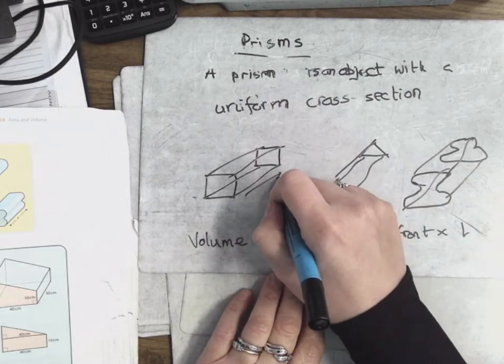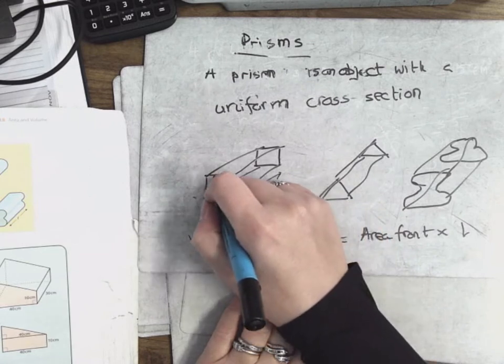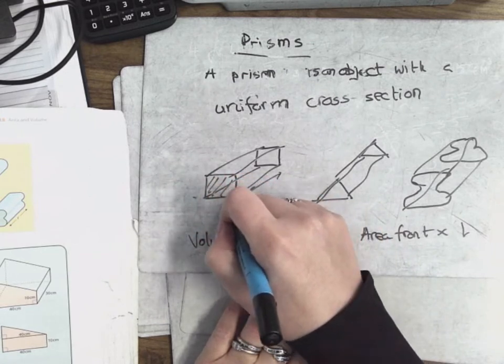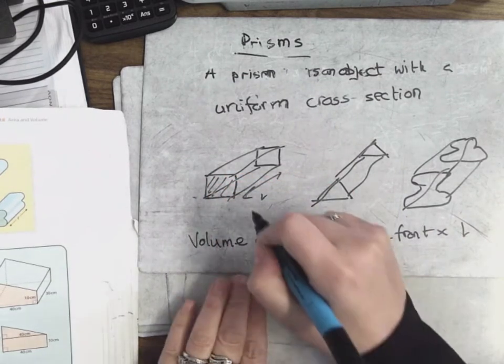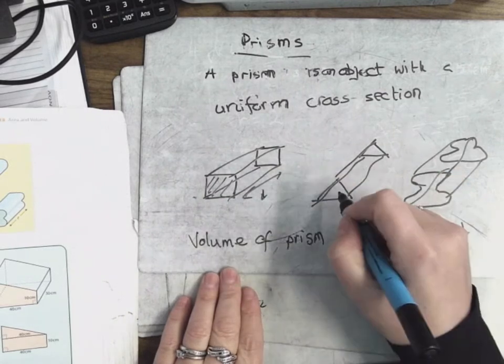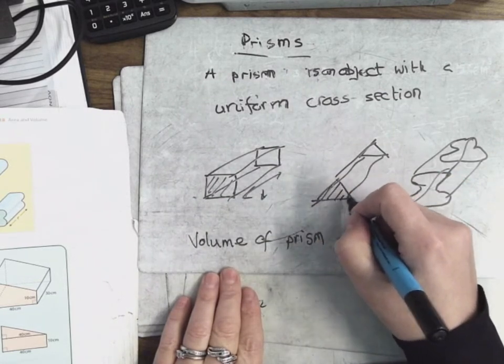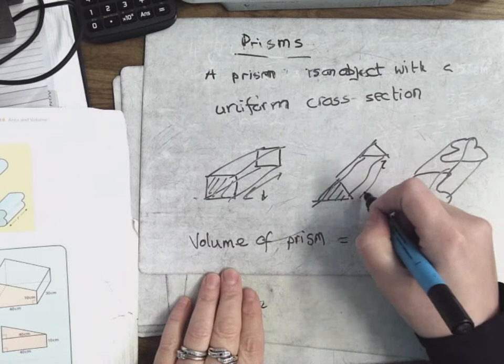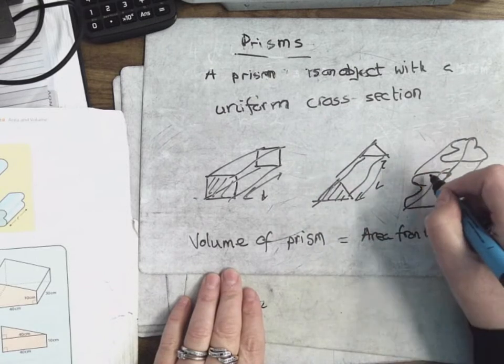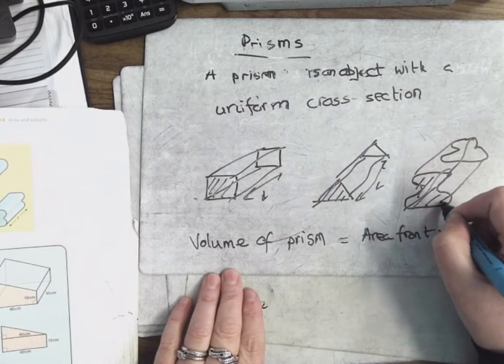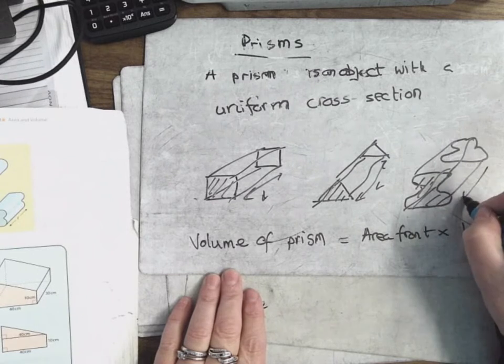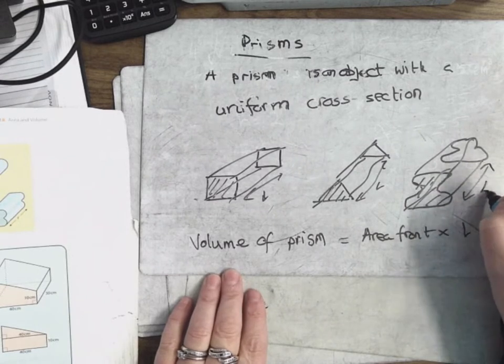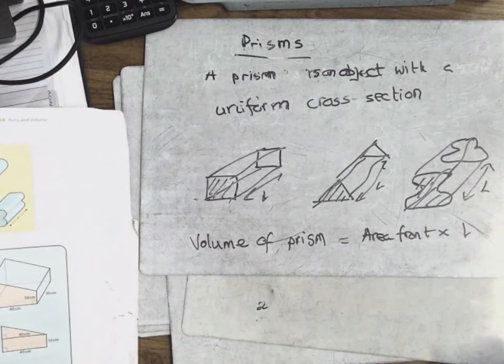So I'd get the area of this square at the front and multiply it by the length, that's an L. I'd get the area of the triangle at the front and multiply it by the length. I'd get the area of this weird looking shape at the front and multiply it by the length. So that's what a prism works out to be.